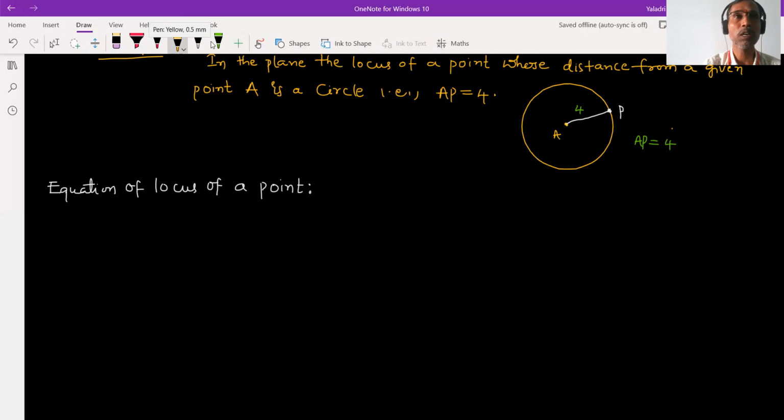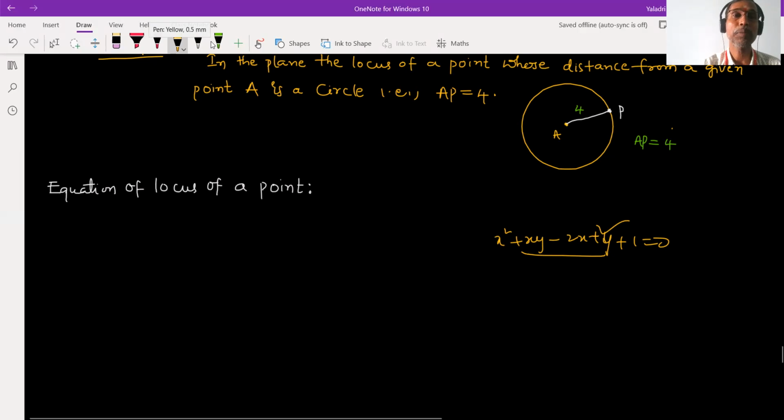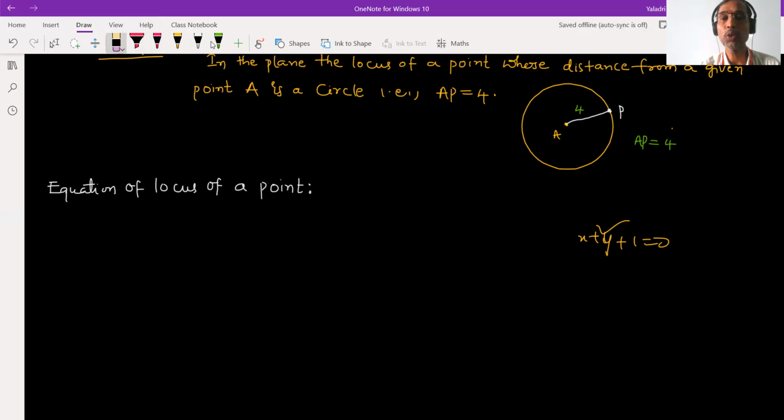Algebraic equation means X and Y variables should be there in that by using the binary operations. Let us suppose x square plus xy minus 2x plus y plus 1 equals 0. So this is nothing but one equation. This type, the equation of a locus of a point, you should get by using some given conditions. Okay. Now simply remember the equation of a locus of a point P is an algebraic equation, right?